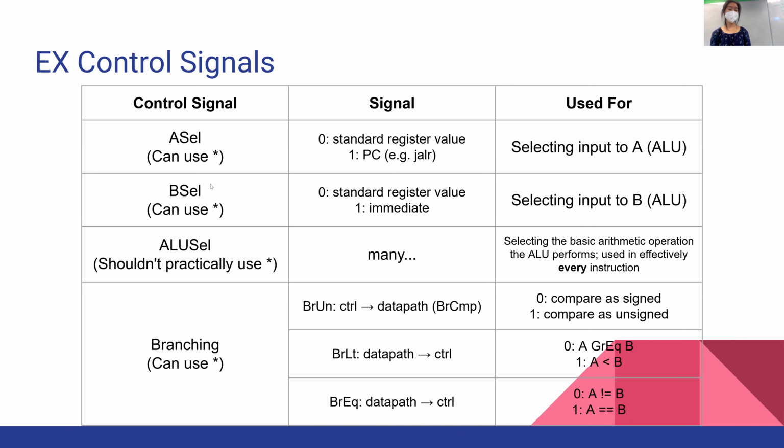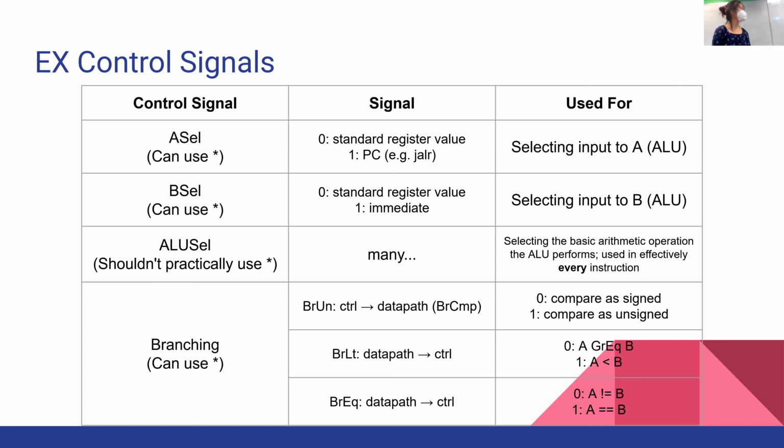But A sel and B sel, we can both use don't care. The reason is because sometimes, if we happen to not want to use the ALU, then you can theoretically use don't care, since I can't make the broad claim that no instruction ever doesn't use that. So in the rare instances that does happen, you can use don't care.